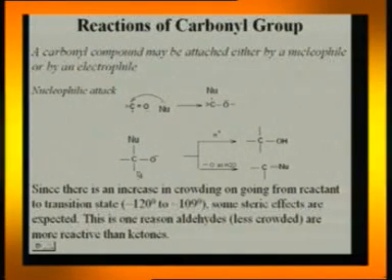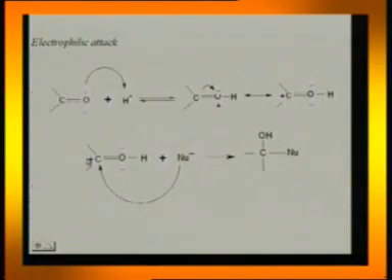In the second stage, this O negative gets one proton from the medium and gives OH. Since there is increase in crowding in case of the ketones, the reactivity is generally lesser.